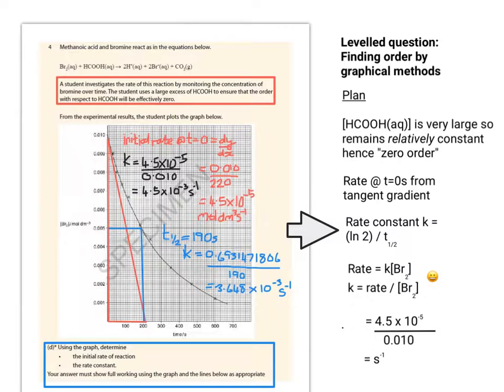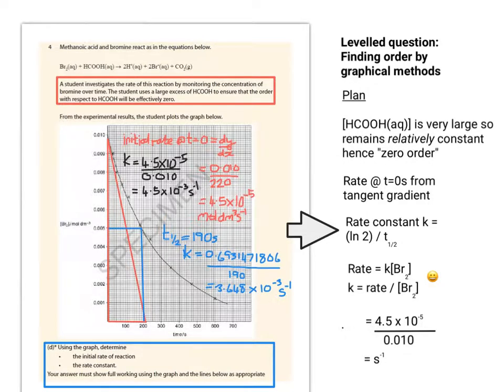So this would be using the value for the rate of reaction at t equals 0 that we worked out earlier, and also the concentration of bromine at t equals 0, which is 0.010.